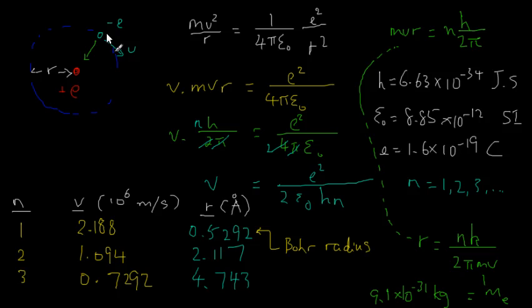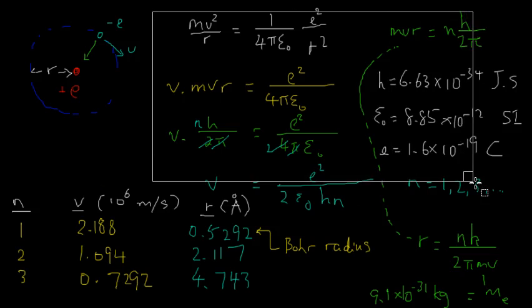So in order to find the energy of the orbit, I have to total up this kinetic and potential energy. So let me start by doing that. Clear this out first.